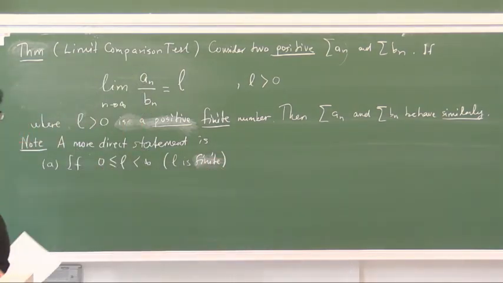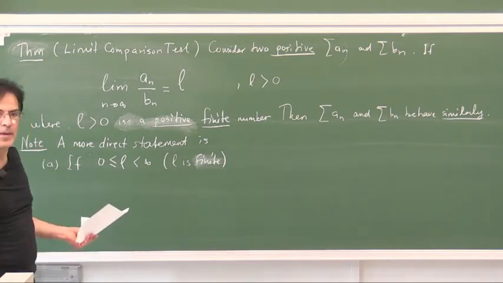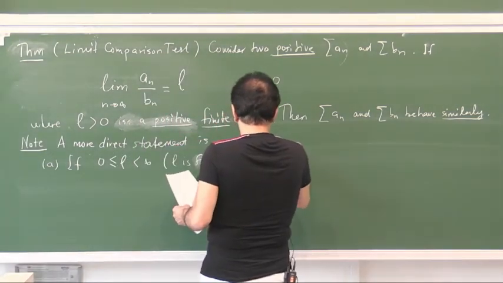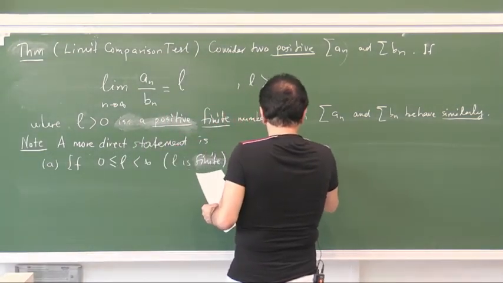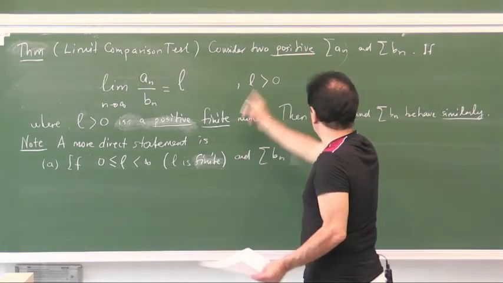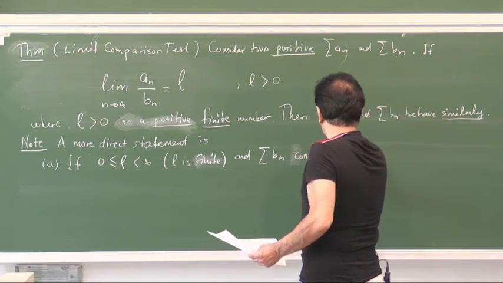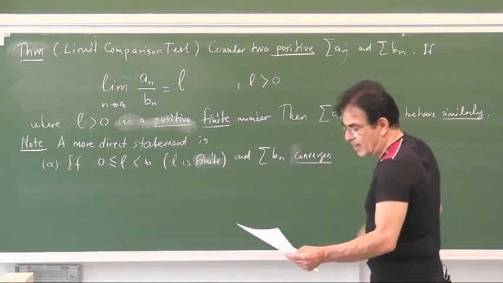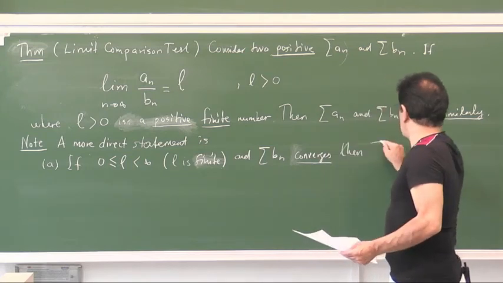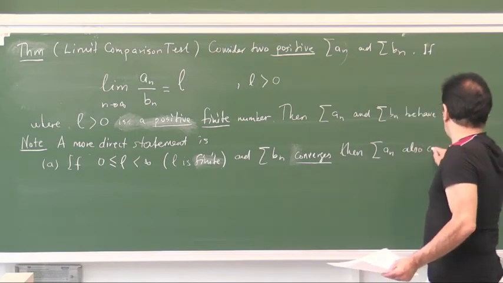If this is the case, and sigma bn, the series we introduced for comparison, converges, then sigma an also converges.